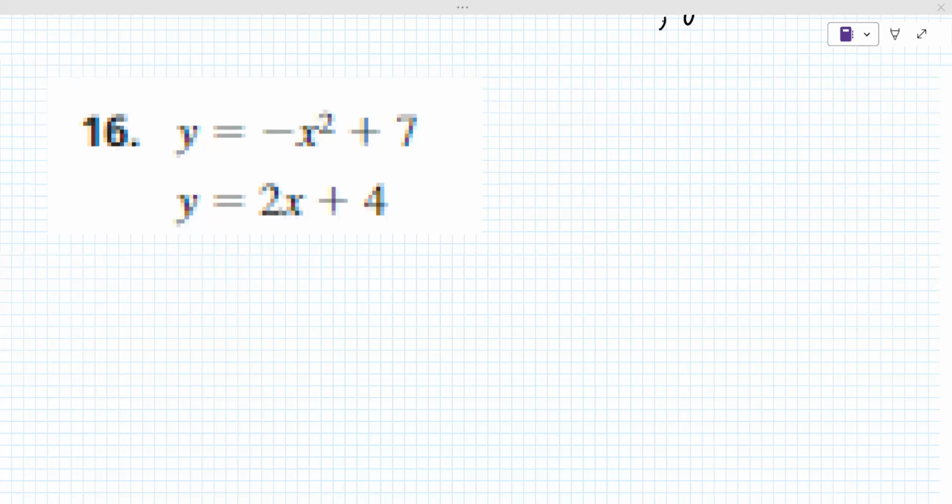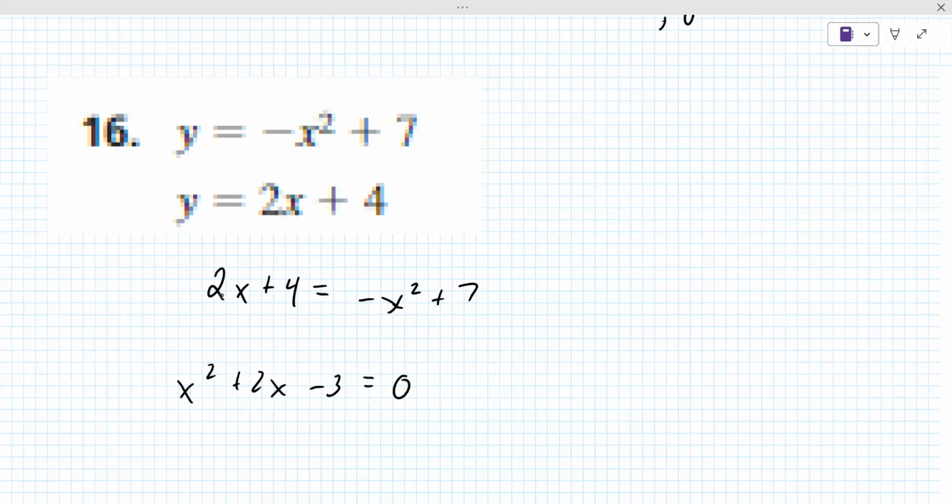Yeah. So when you substitute, it's 2x plus 4 equals minus x squared plus 7. You move everything to the left. So it should be 4 minus 7. Wait, I did my math wrong. 2x, then it'd be minus 3 equals 0.